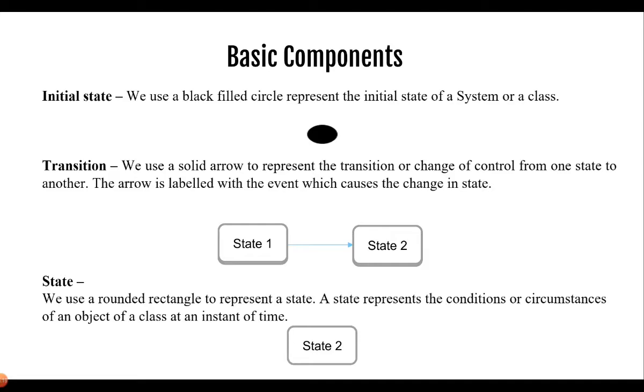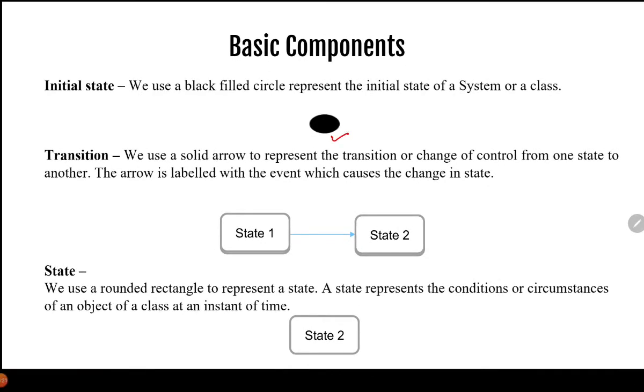So initial state is represented by a filled black circle, and it represents the initial state of the system or a class. Then we have transition. So we use a solid arrow to represent transition or change of control from one state to another. The arrow is labeled with the event which causes the change in the state.